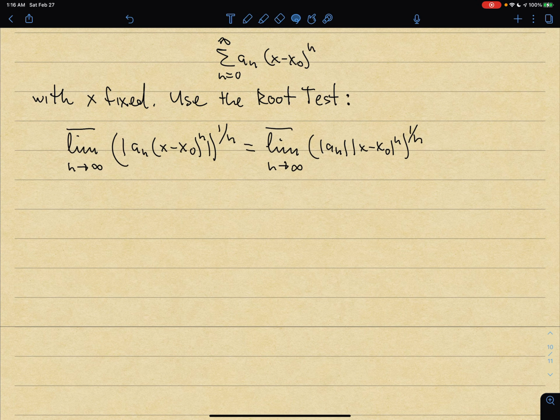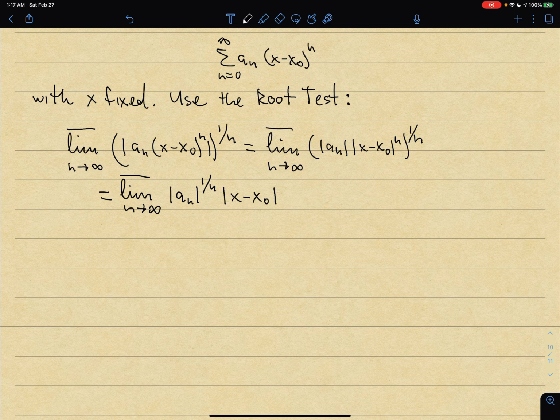With this, we can now simplify it further. This is the same thing as lim sup as n goes to infinity of the absolute value of a_n to the power 1 over n, times |x - x0| to the n, to the power 1 over n. Powers will cancel, and this is just |x - x0|, right?